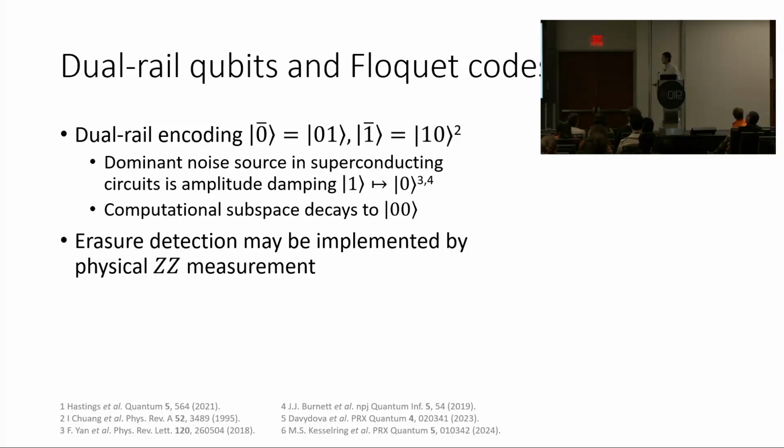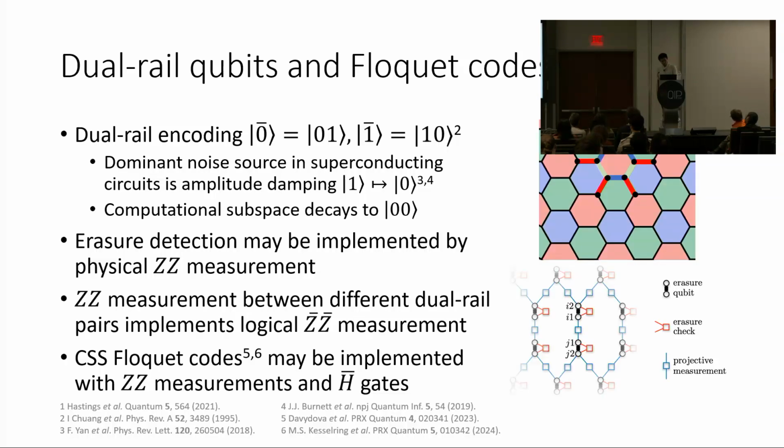One way to detect it is to measure the physical ZZ operator. Now we can ask, if the experimentalists have some way of implementing physical ZZ measurements, what else can we do with this operation? It turns out that if we do physical ZZ between different dual rail pairs, this actually implements a logical ZZ measurement. And then we thought, what codes can make use of this logical ZZ measurement?